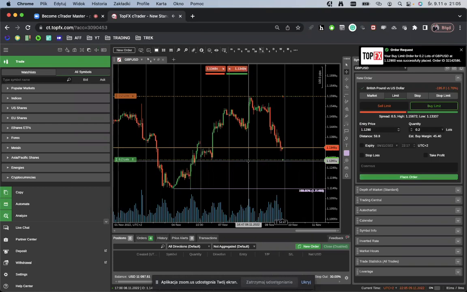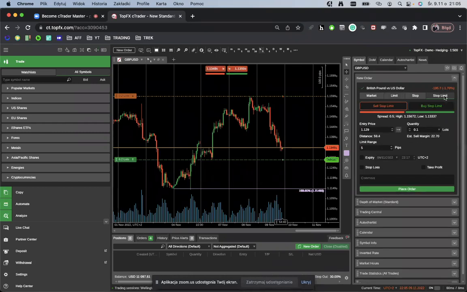So it all depends on what the market will do according to your strategy or point of view. This is how you place this kind of order. Of course, you can use the stop limit as well. In any of these situations, you can use the stop limit order as well.